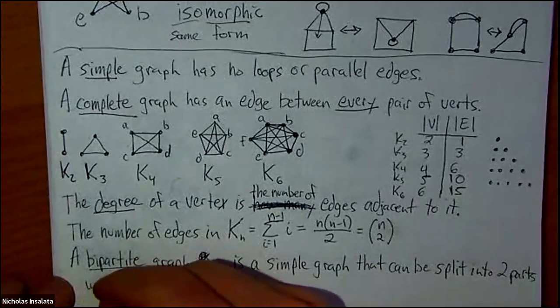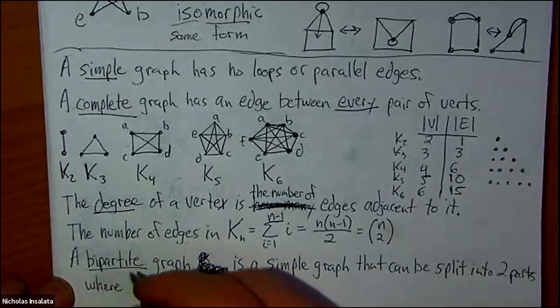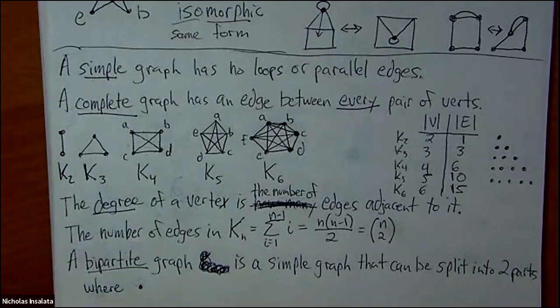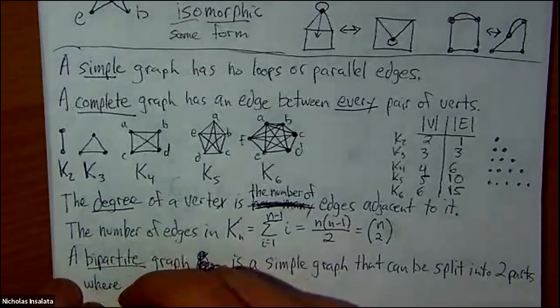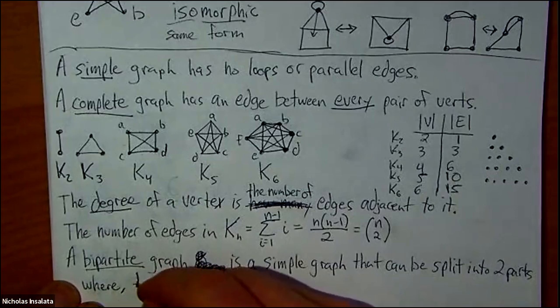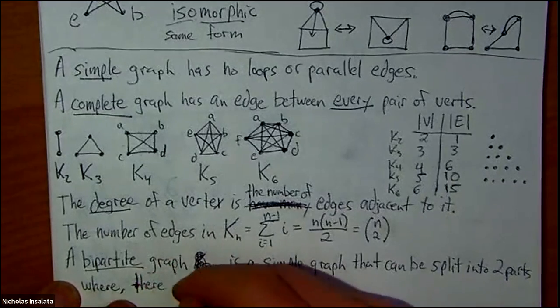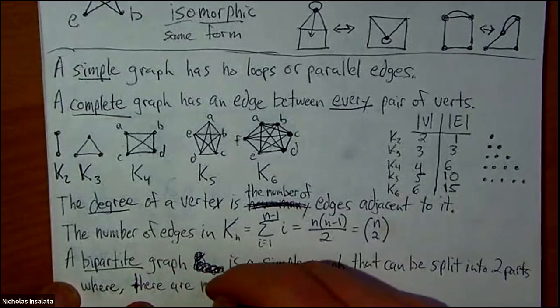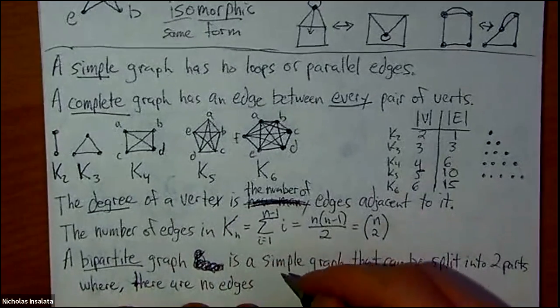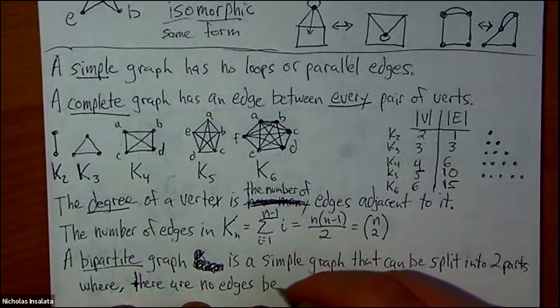Where two things happen, okay? There are no, well, let me just do it this way. Where, I'll just describe it in English, where there are no edges between vertices in the same part.